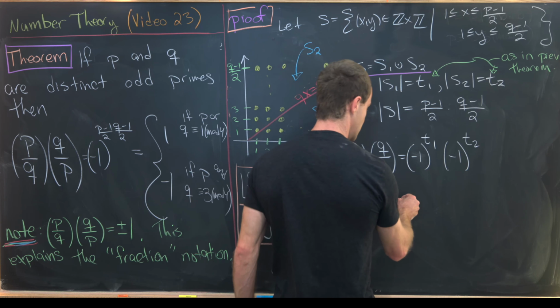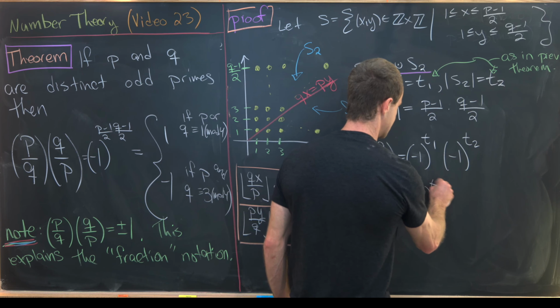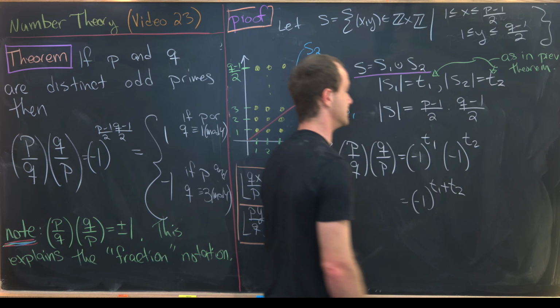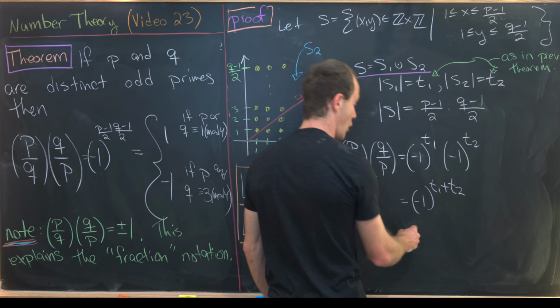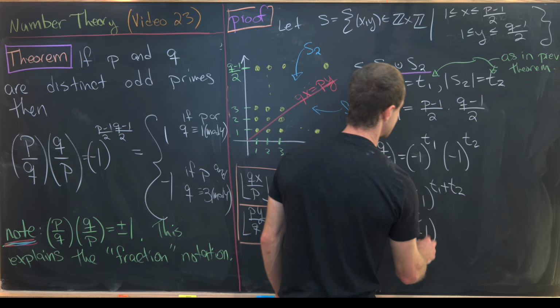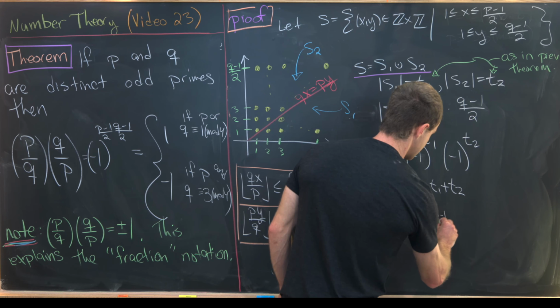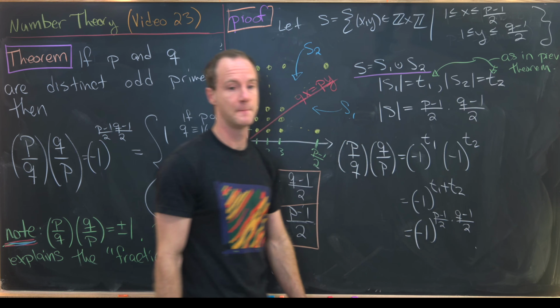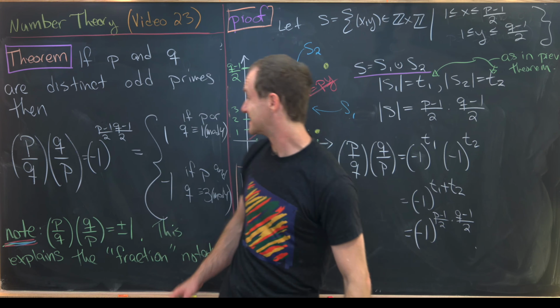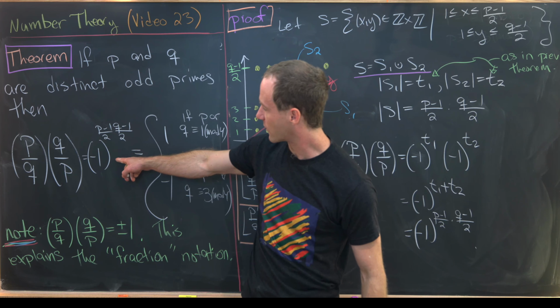But now notice that that's equal to (-1)^(T1 plus T2). But that's (-1) to the size of the whole set S. So that's (-1) to the (p minus 1) over 2 times (q minus 1) over 2. But check it out. That's exactly what we wanted to show over here.